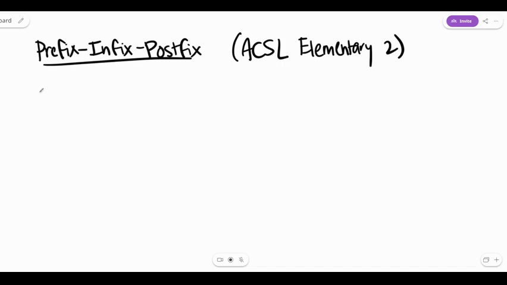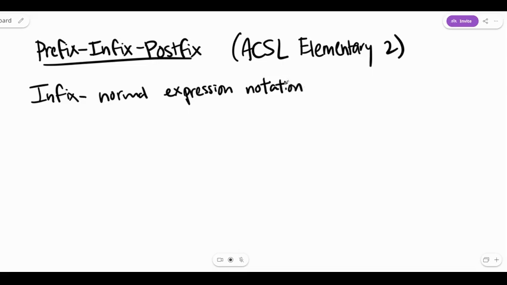First we have to understand what infix is, because infix is just a fancy name for the notation that we use to write expressions normally. And by expression, I refer to a mathematical expression.